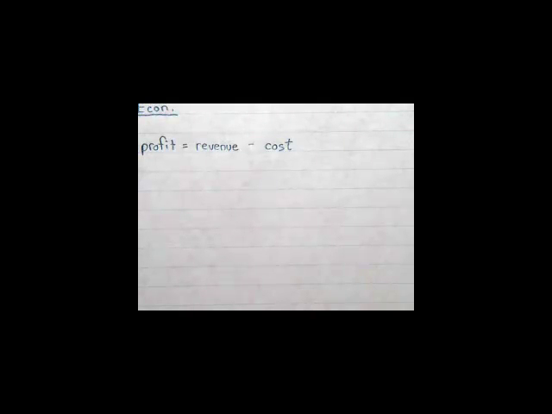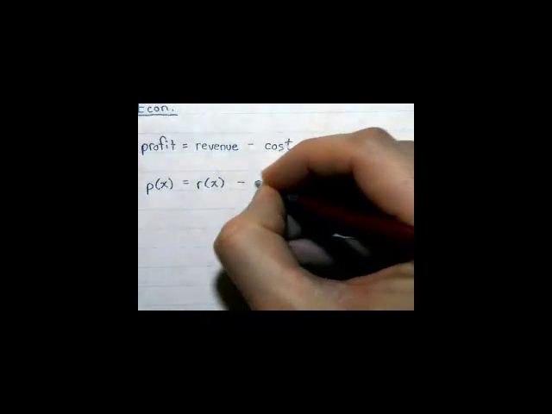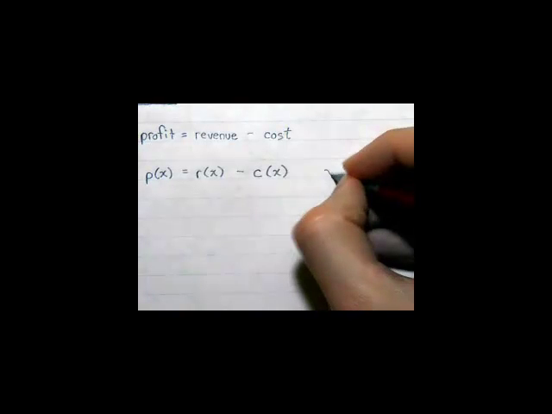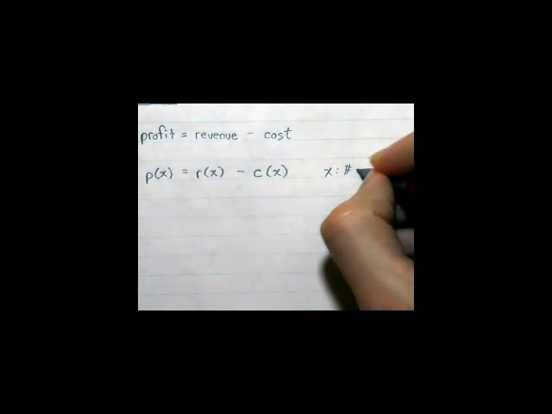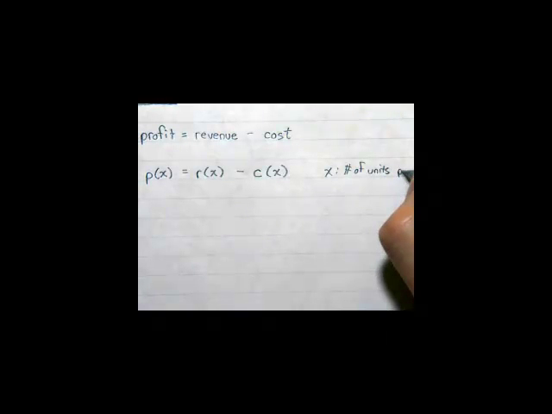But an equation for profit, an equation for revenue, an equation for cost, it would look something like this. P of x equals R of x minus C of x. Okay? And x would be number of units produced.